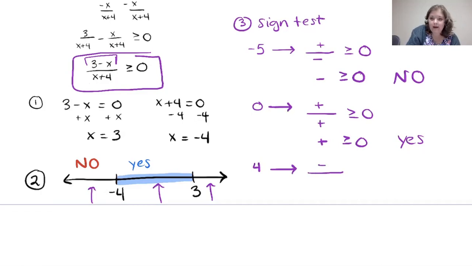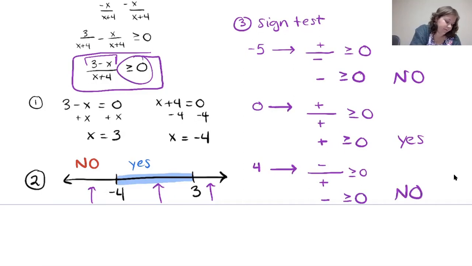On bottom, I get 4 plus 4, which is positive. And we ask, is that greater than or equal to 0? So negative over positive is a negative. And we say, are negative numbers greater than or equal to 0? That is not true. So that one is no.